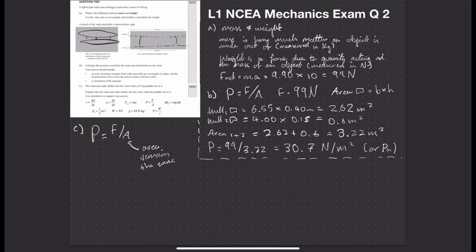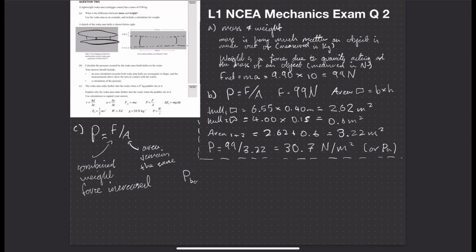But the combined weight force has changed, and it has actually increased. So let's calculate the pressure of the boat and the pressure of the boat plus person in it, and think about how that's going to change.